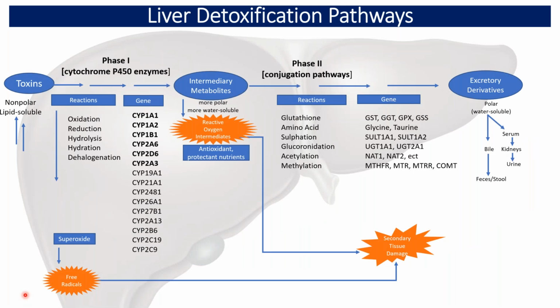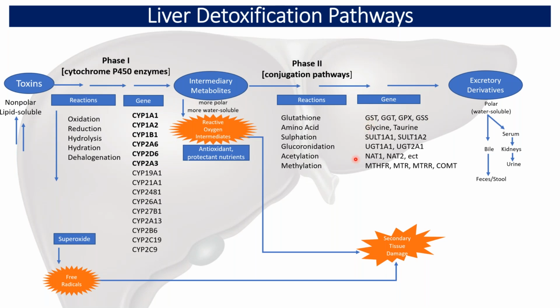Peeling back even further, we're looking now at the specific genes. And most of these genes are in your detox panel. So we'll see the cytochrome P 1A1, 1A2s. We'll be talking about the ones that are highlighted in a bit. And glutathione production and conjugation requires these genes here, and these are all in your detox panel as well.